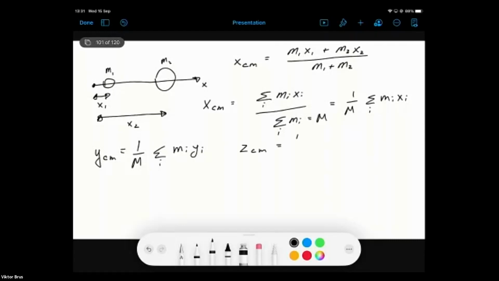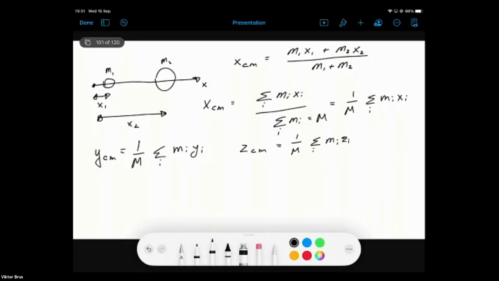So it will be 1 over M, sum for all bodies m_i times z_i. So now we can get coordinates in three-dimensional space for this center of mass.